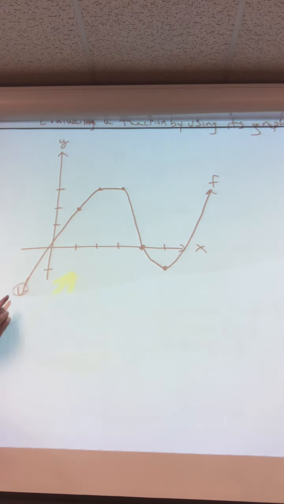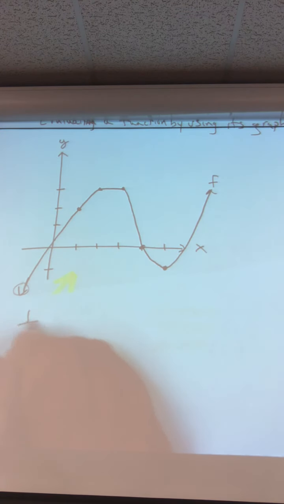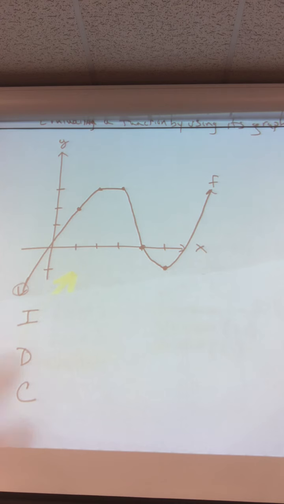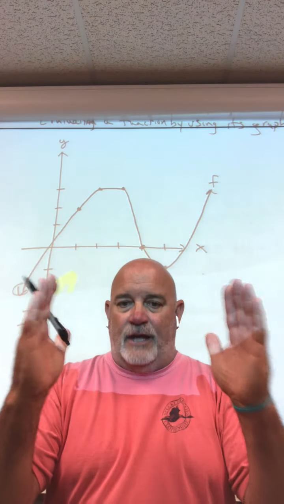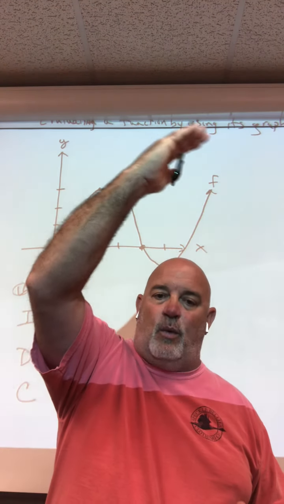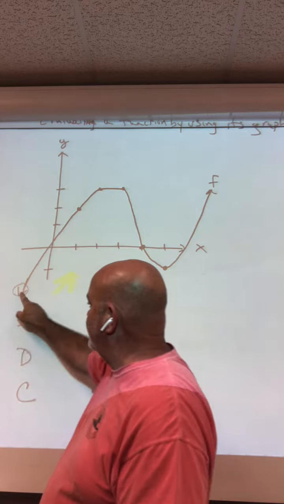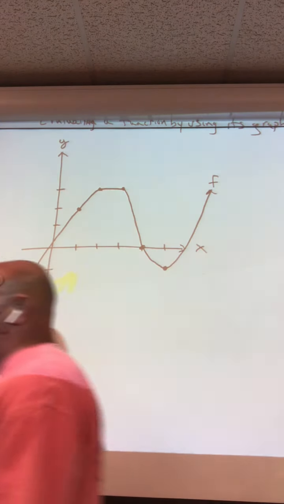I'm increasing. So let's write the word increasing first. So we've got increasing, decreasing, and I'm going to put C for constant. All right. Now, I want to know interval-wise where it's going up. All right. How far does this graph go to the left? Negative infinity.